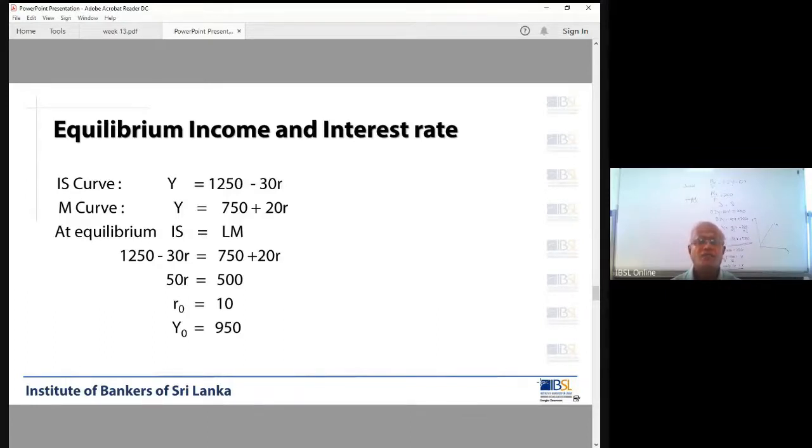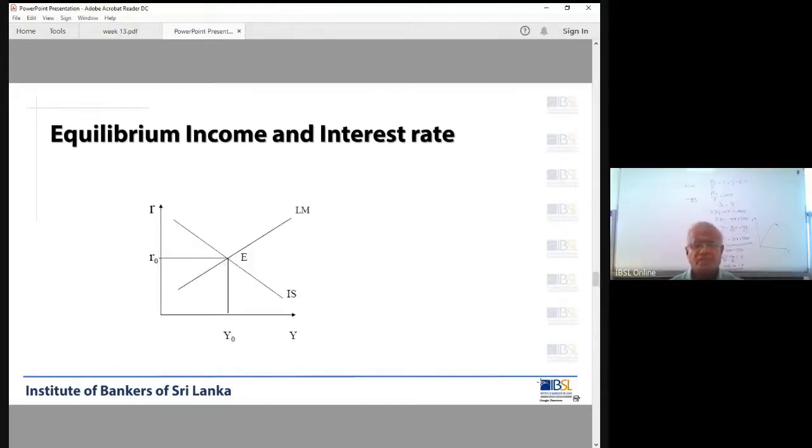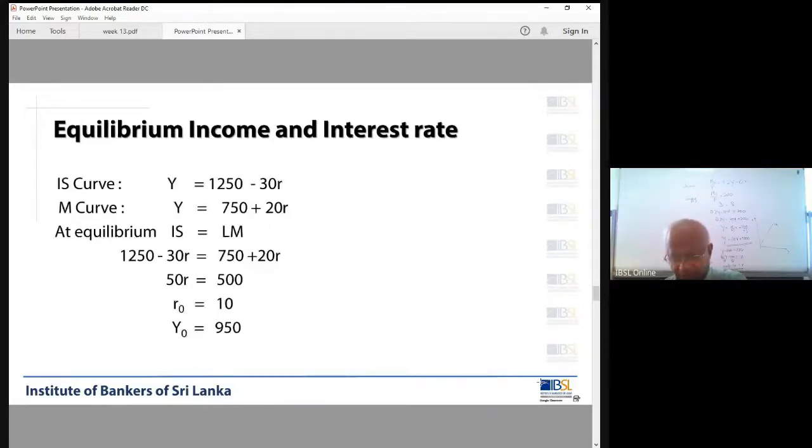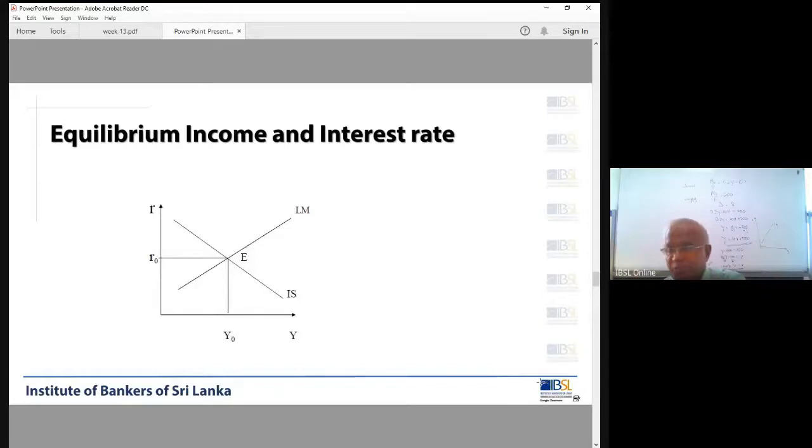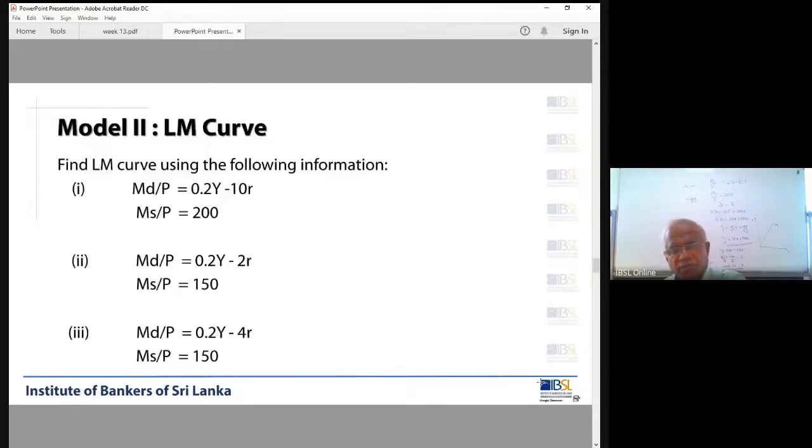Then 50R equals 500, so R equals 10. If we substitute R into one of these equations, you get Y equals 950. So the equilibrium GDP is 950 and the interest rate is 10%.